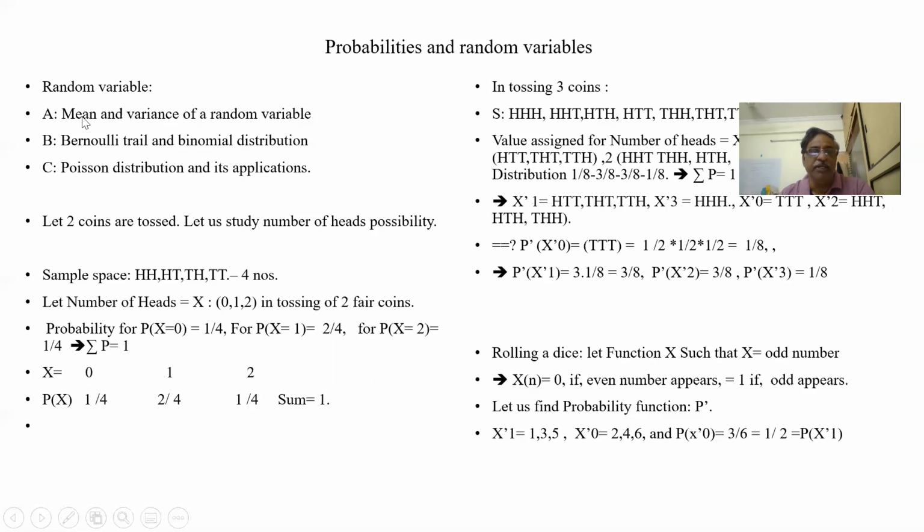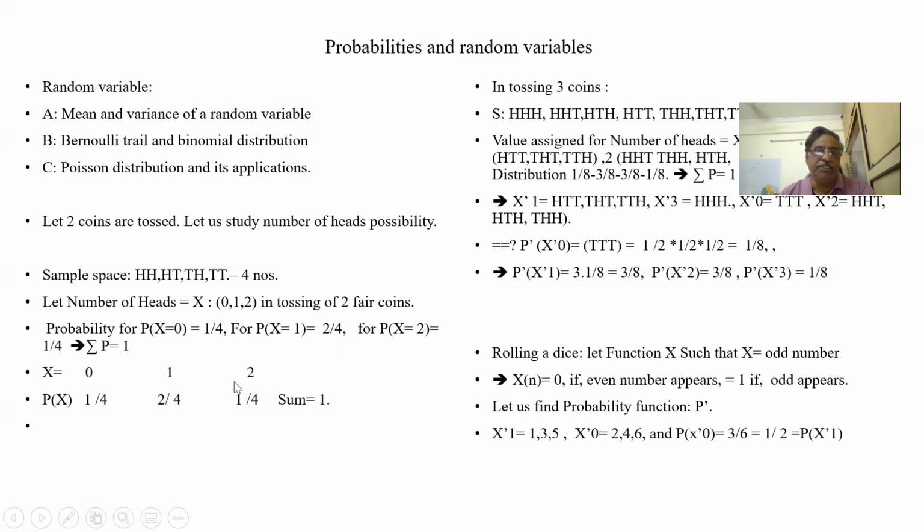But here n is 1, so the mean becomes sigma fi xi, that means sigma x into pi. So this is the mean, because sigma fi is n, and we consider n as 1.